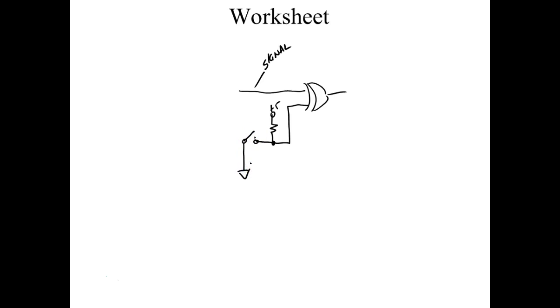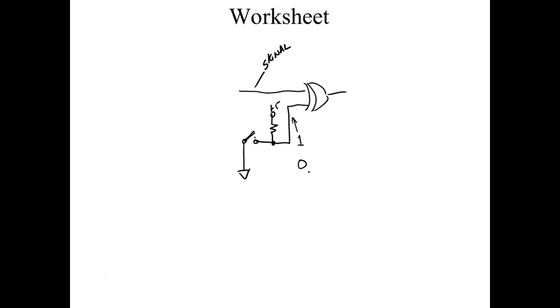So if I don't have the switch closed, so if I have the switch open, then what would we get right here? We would get a 1, right? Understand that. If I close the switch, I would get a what? 0. And we don't like to leave an input of any gate floating.